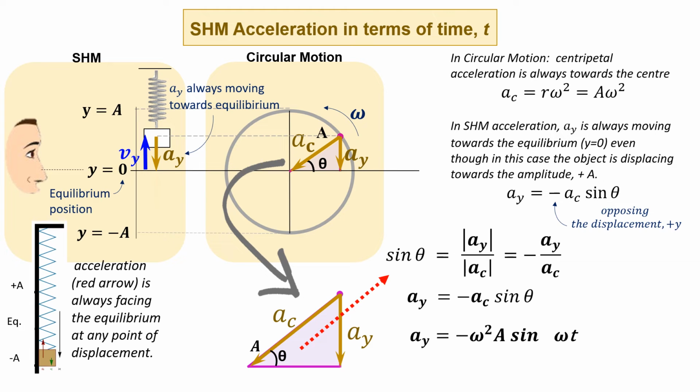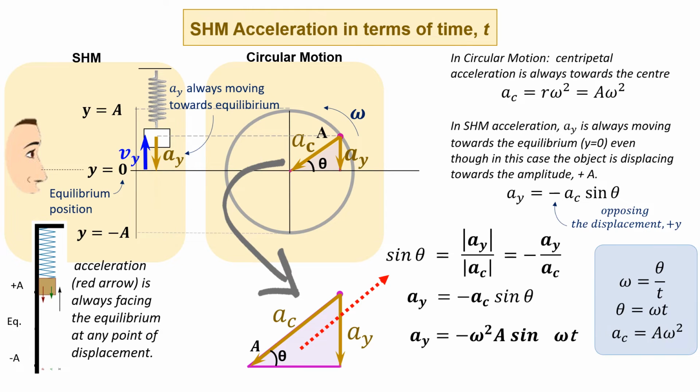So kita dah rearrange, kita dapat AY is equal to minus AC sin theta. Dan kita tahu AC dalam circular motion adalah omega square A, whereas theta is equal to omega T. Substitute all the equation.